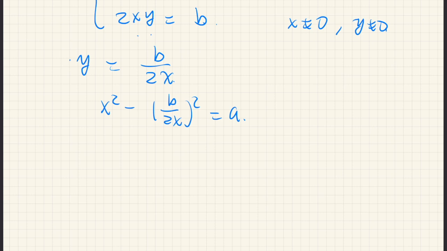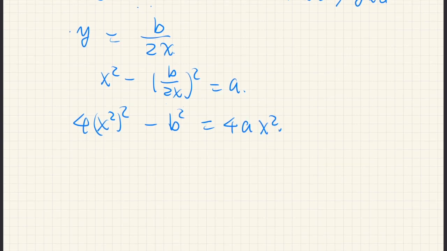Multiply both sides by 4x squared, and we have 4x to the fourth minus b squared equals 4a x squared.